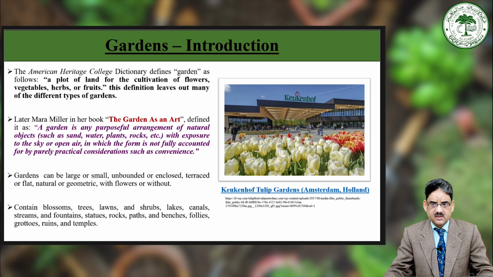In simple words, a garden is a ground made of constructed and natural elements. Even the most natural gardens are inherently artificial creations.